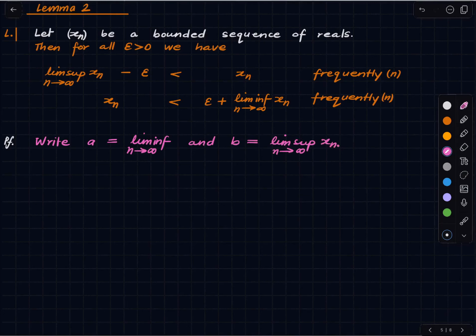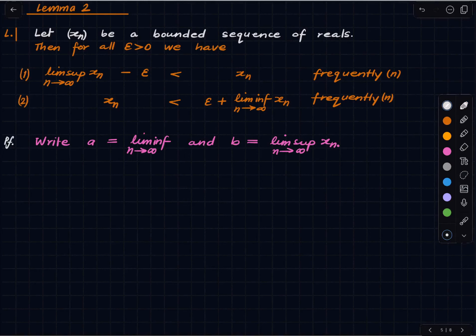Okay, so note that lim sup minus epsilon. I should justify this. So let's go by contradiction. Suppose 1 is false, let's call this 1 and this 2, and we are only proving 1.